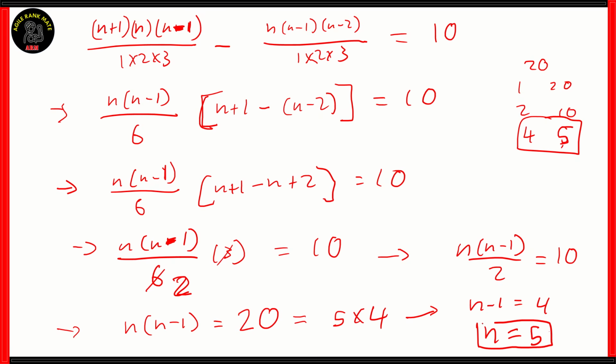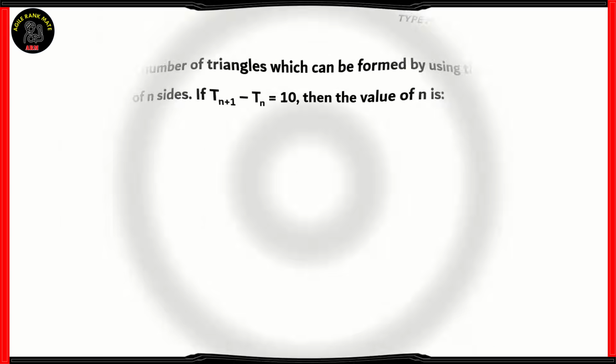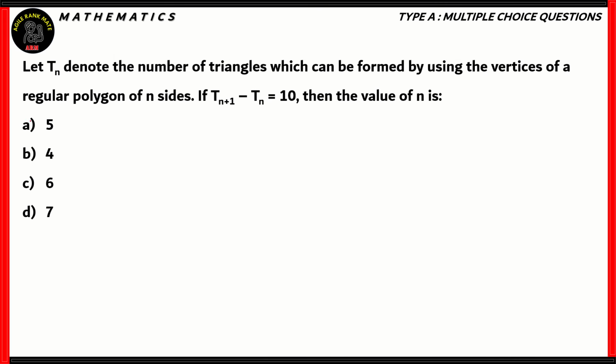So the value of n, or the number of sides of the regular polygon, is 5. So therefore, for this question, the value of n is option A, 5. The other options will be incorrect because when we use permutations and combinations for this question, we find out that the answer is 5.